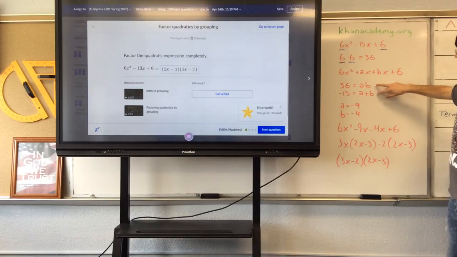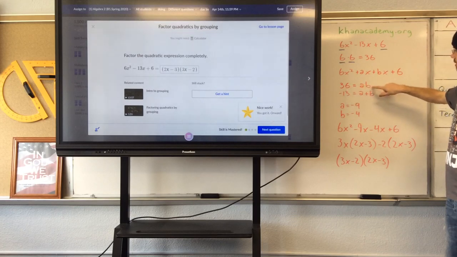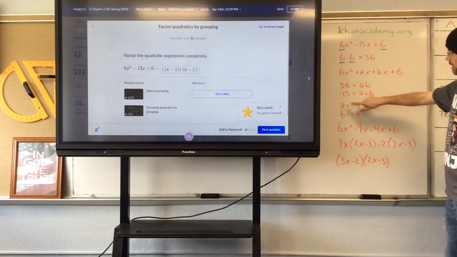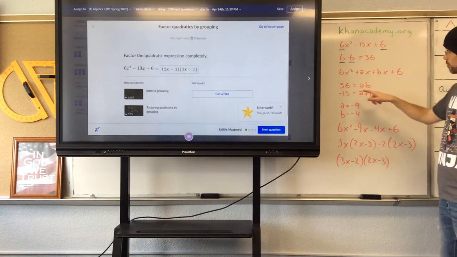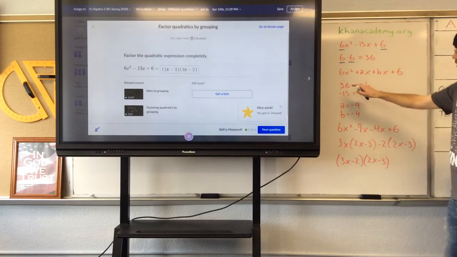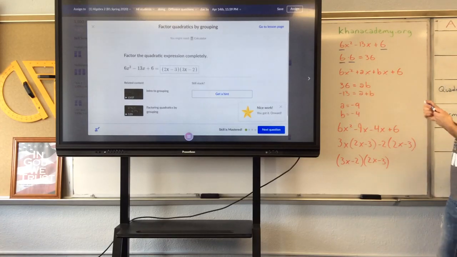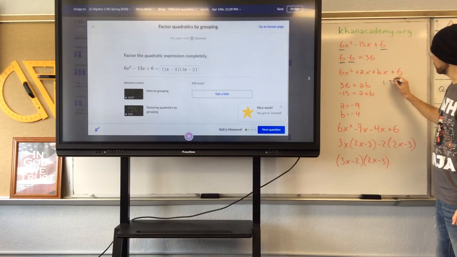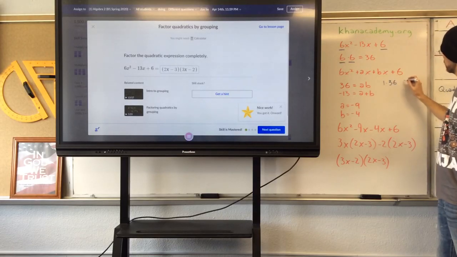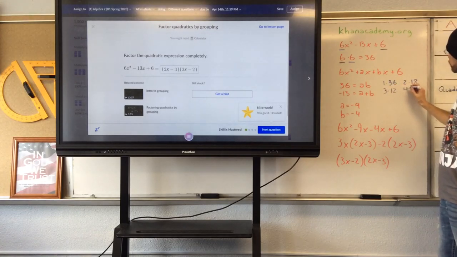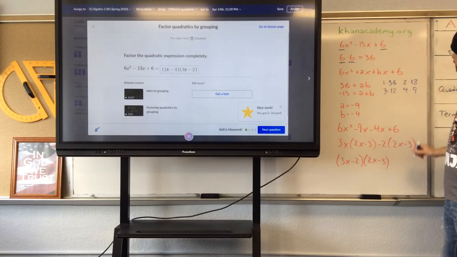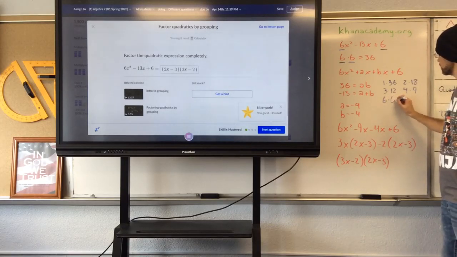Okay, so we have these two unknown constants at the moment. Their product is 36, and their sum is negative 13. So my options for making 36 with the product are 1 times 36, 2 times 18, 3 times 12, 4 times 9, or 6 times 6.